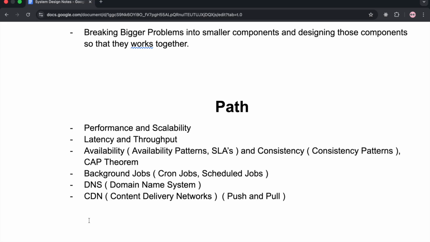We will also discuss load balancers, which help to distribute the load.